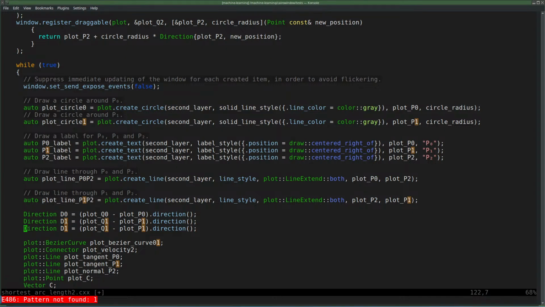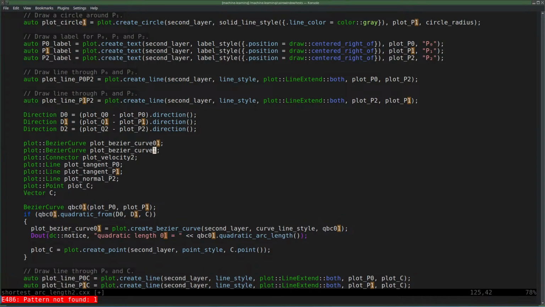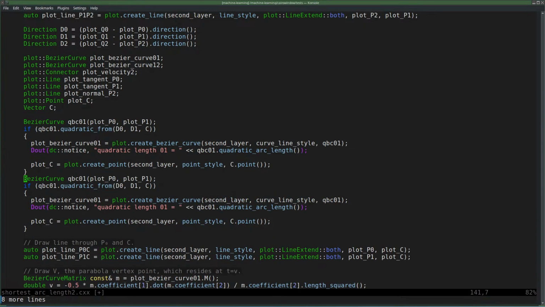It doesn't work for some reason. I should remove these.